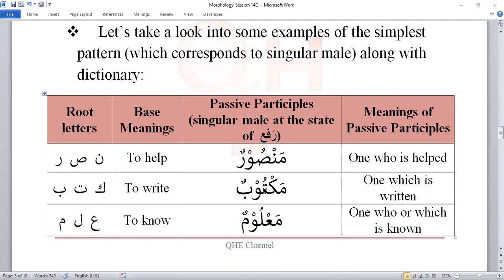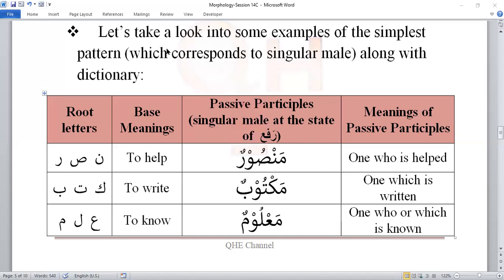So for singular male, the passive participle will be maktubun, meaning one which is written. For ayn, lam, mim, the base meaning is to know. So the passive participle will be ma'lumun. It means one who or which is known.